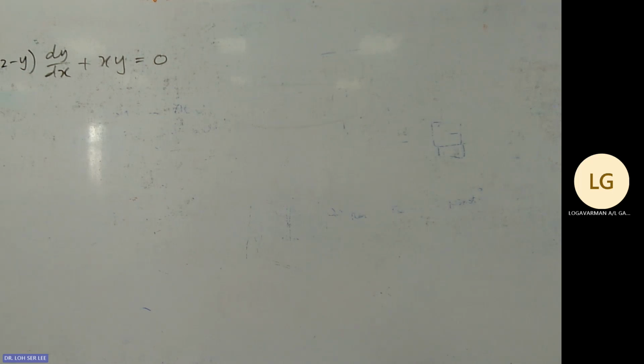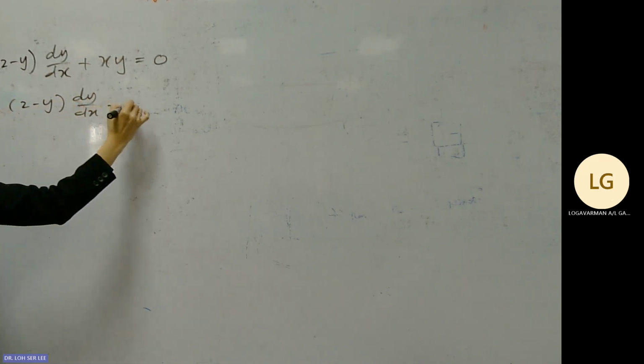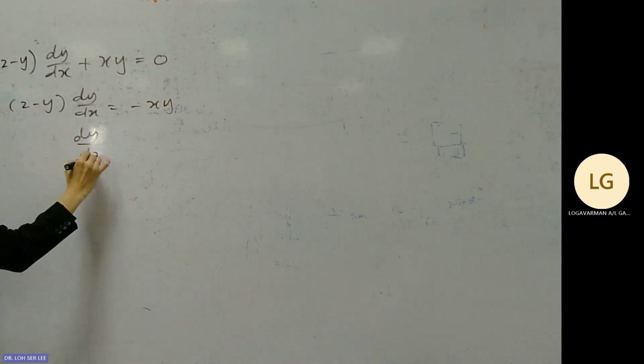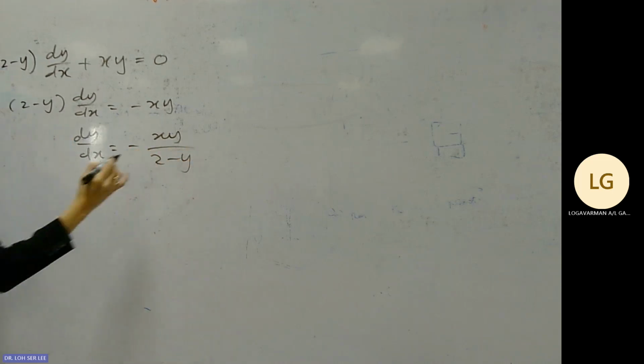Now we want to identify whether it is separable or not, so we want the dy dx. Move this to the right, so you get a negative xy. So your dy dx will be negative xy over 2 minus y.